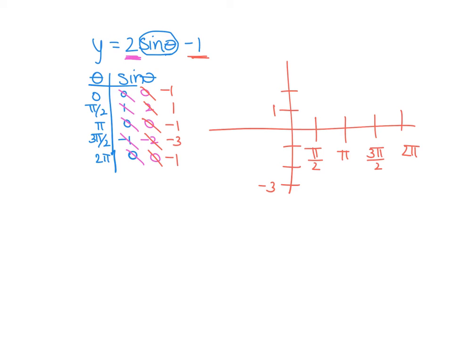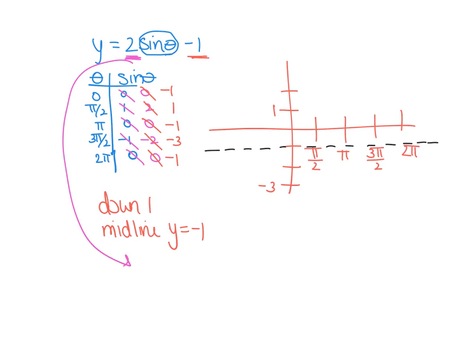So this down 1 has changed our midline. This is the middle of our graph: instead of y equals 0, it's y equals negative 1. We always show that with a dotted line going through negative 1, because you want to make sure that's the middle of your sine curve, okay? So your highest point should be 2 up from that, and our lowest point should be 2 down from that. And that comes from your amplitude, okay?